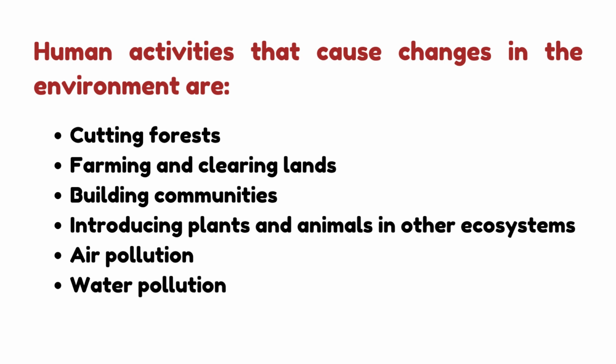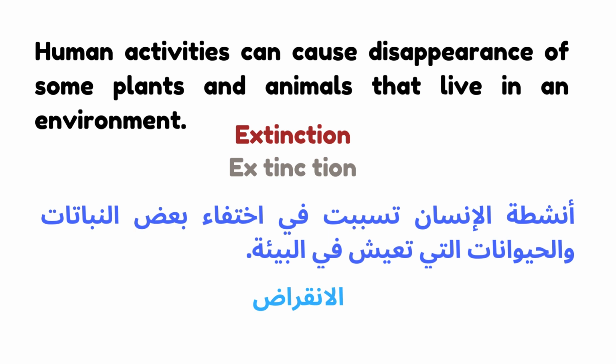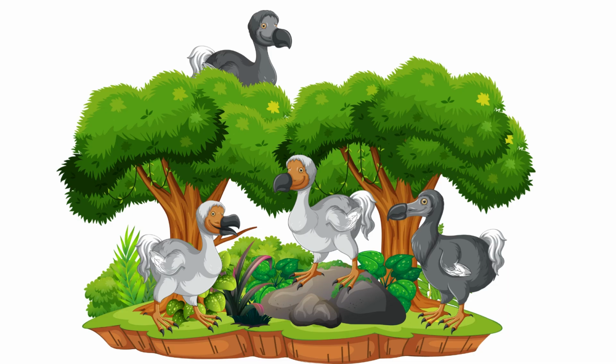So these activities may cause disappearance of some plants and animals that live in the environment. This disappearance of some plants or animals is called extinction. As cutting down forests may cause extinction for these plants. You know, there are many plants and animals that disappear and they are extinct.